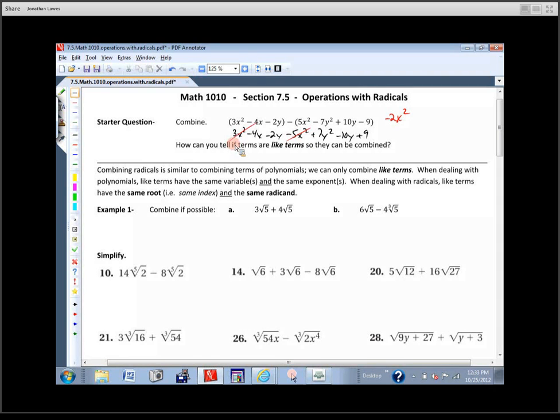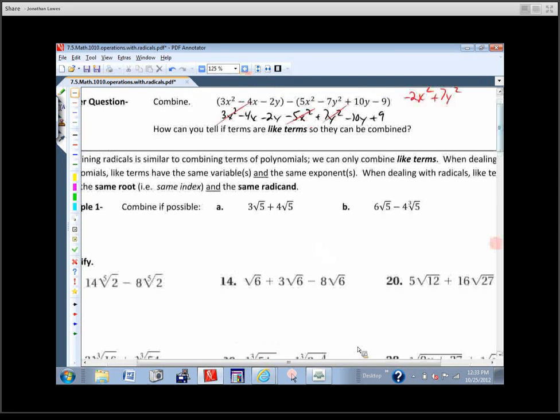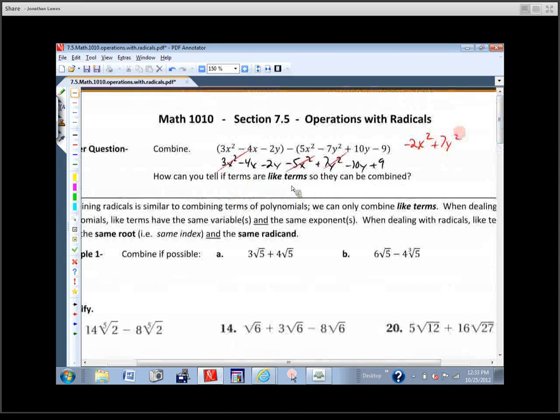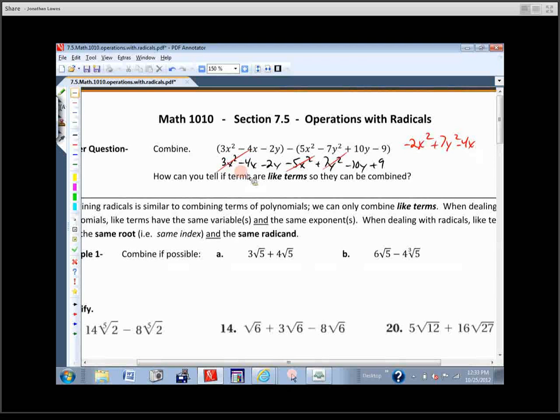Let's see, kind of keeping with powers, here's the y squared. Are there any other y squareds? There's some other y's, but there are no other y squared, so I'm just going to write 7y squared. Then I've got a minus 4x. Any other plain old x's? Nope, none. So I write minus 4x, cross that off.